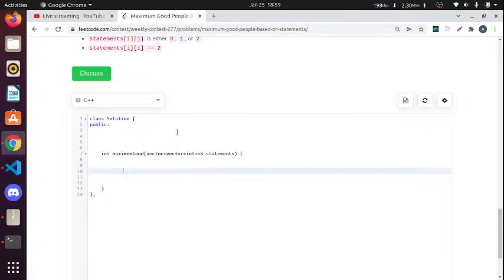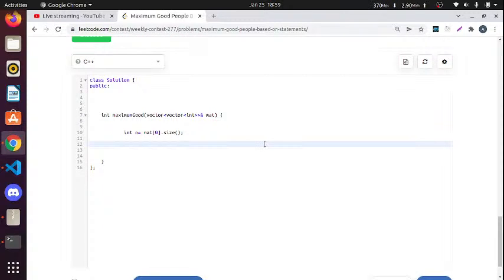So first we have to get the number and make the statement include a matrix. Right, we have got the value of n. Then we have the answer 0, right?